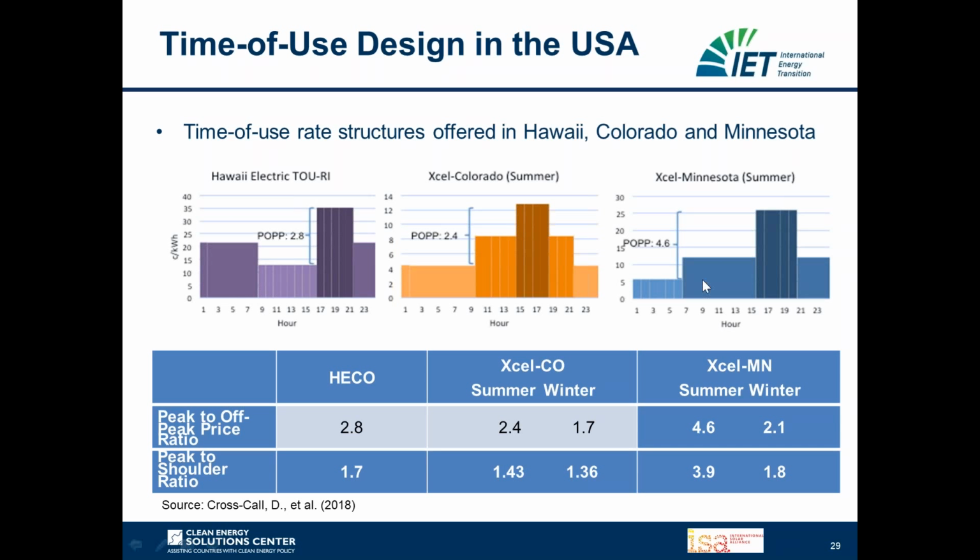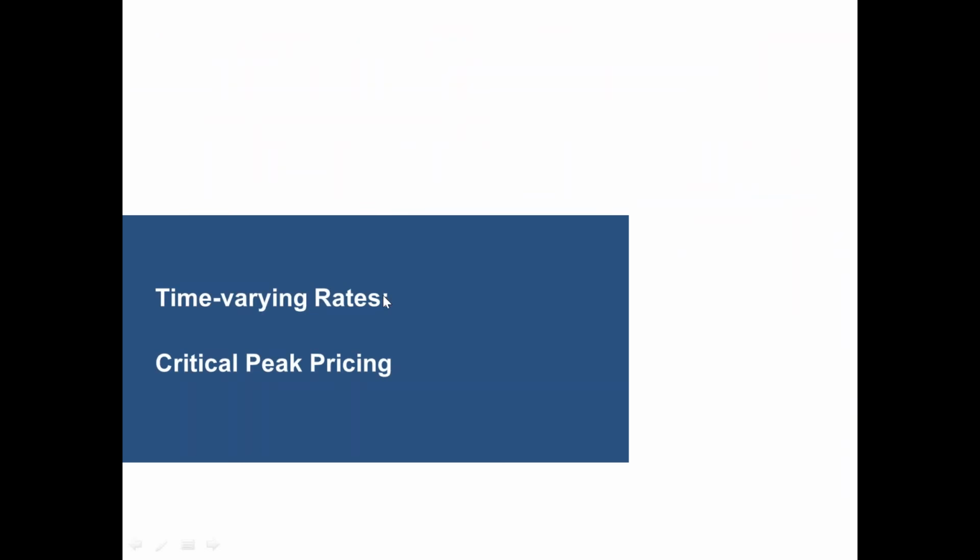So there has been quite a sharp increase of electricity prices in time of use rates during these periods in order to give customers a signal that they should reduce electricity consumption. And this is why you see a bigger ratio here.